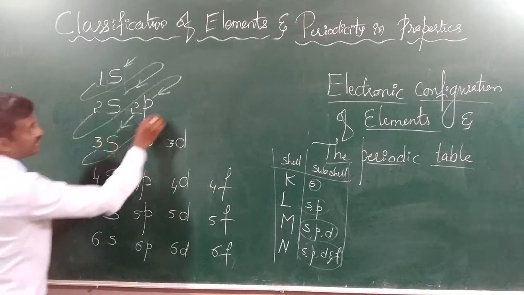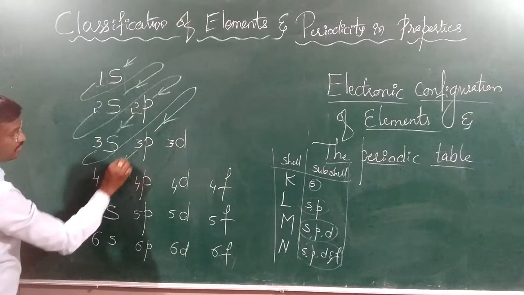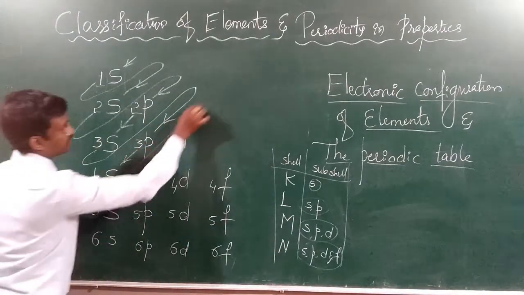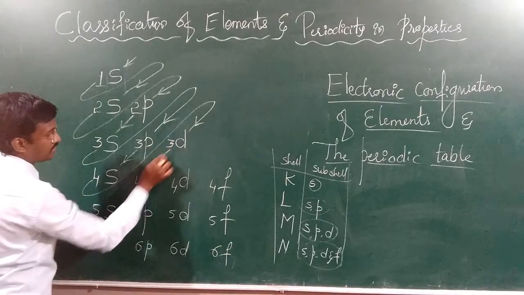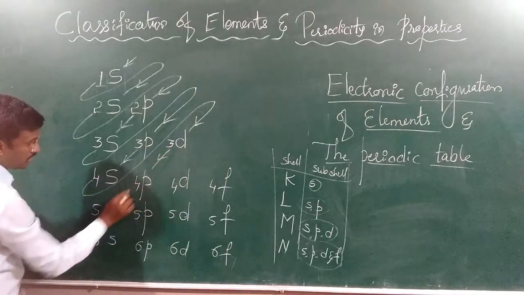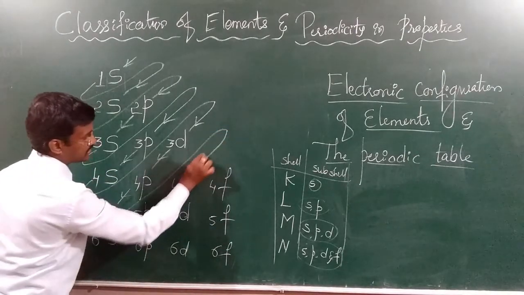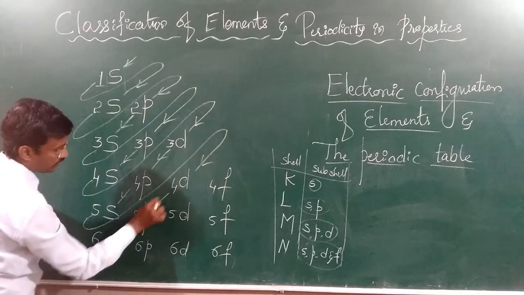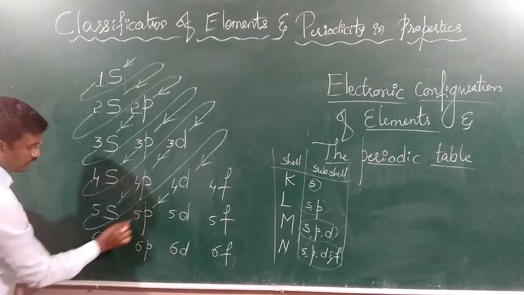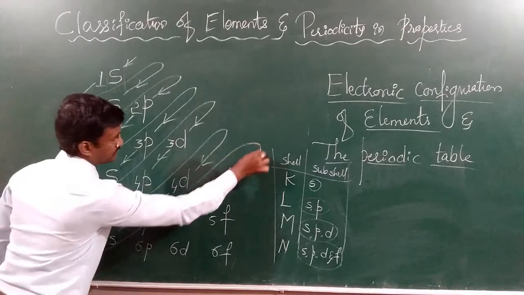After 3s, it comes to 3p, 4s, and next after 4s, 3d; after 3d, 4p; after 4p, 5s, and again it comes like this. After 5s, 4d; after 4d, 5p; after 5p, 6s, and again it continues.